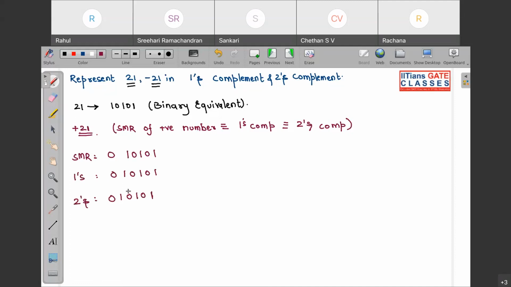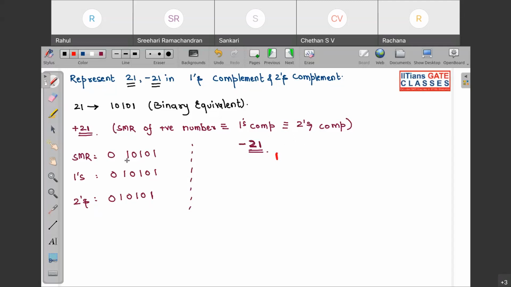Now, look very carefully. In 1's complement, how do we represent minus 21? In 1's complement, simply what we do, this sign bit will now become 1.